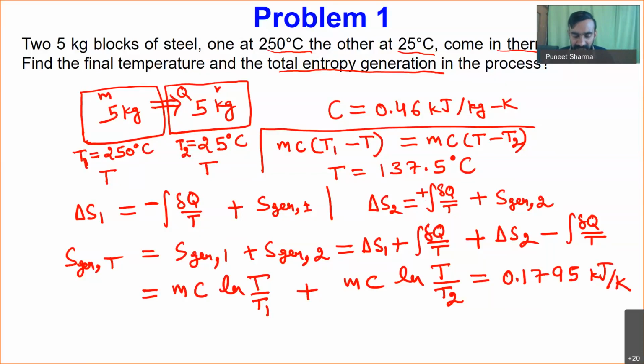So during the initial times of heat transfer you will find that the del Q by T magnitude will be smaller for the first block and larger for the second block. But as the heat transfer process continues, both these del Q by T ratios will move in opposite directions, and as a whole the integral term will come out as the same value.